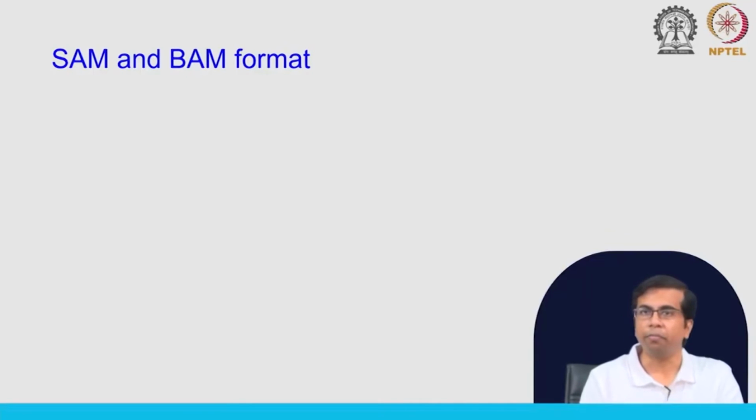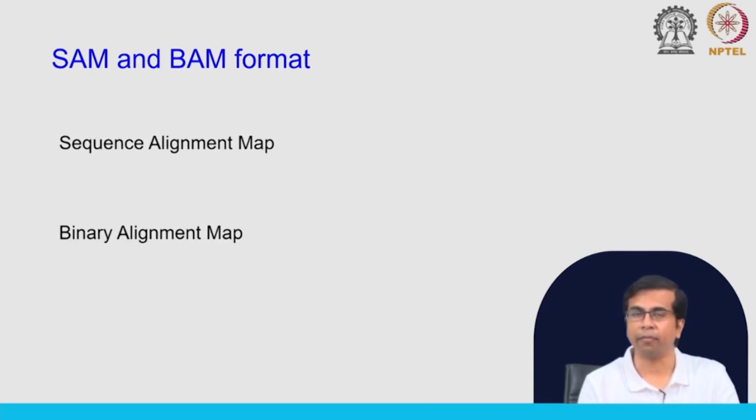The output file that you have seen is generated in SAM format, and you also sometimes get this in BAM format. SAM stands for sequence alignment map, and this is a human readable format. We can open this file and read it, which we will do a bit later. Corresponding to this SAM file, you also have a BAM file.